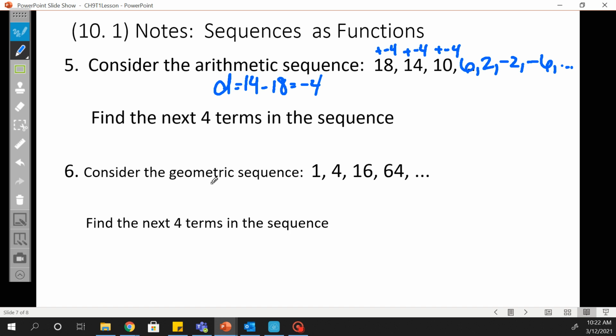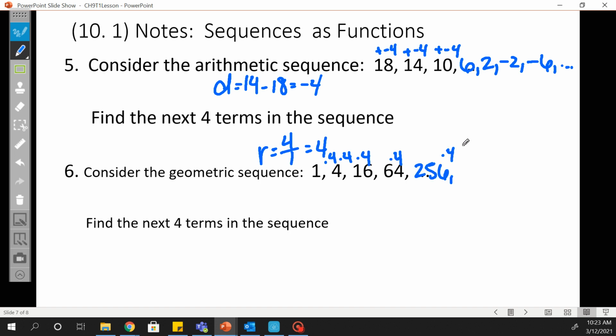Number 6, consider the geometric sequence 1, 4, 16, 64, etc. Well, it's geometric, which means that I have a common ratio. And I can find that common ratio by dividing one term by the previous term. So 4 divided by 1, which is 4. That means I'm multiplying by 4 to go from one term to the next. So if I want the next term, I'll multiply 64 by 4, which would give me 256.